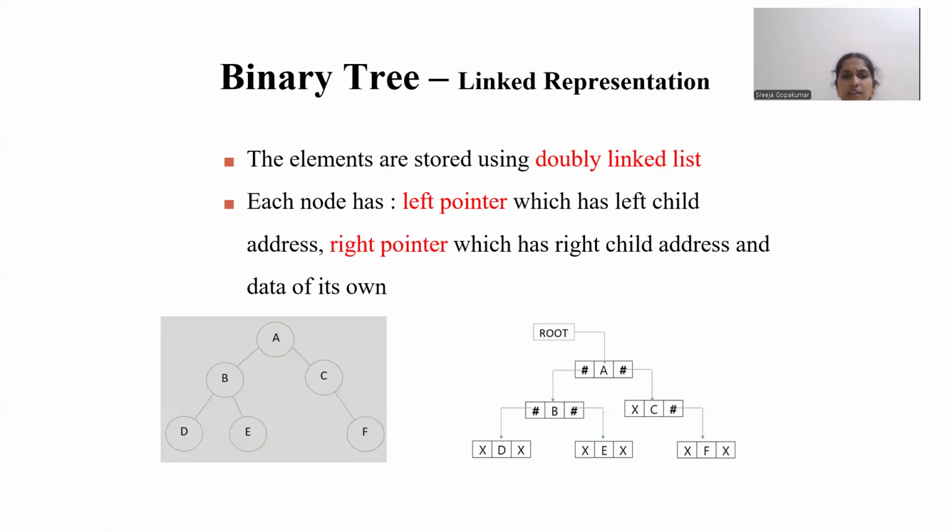So here is one example which has been represented using the doubly linked list. The first node, the root node, is A, and the left child of A is B. For this node A, the left child field, that is the previous field, will be holding the address of the left child node of A, that is B. Whereas to the right of A, the address of the right child node, that is C, will be stored.